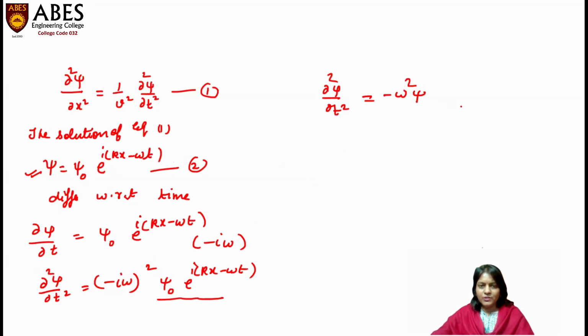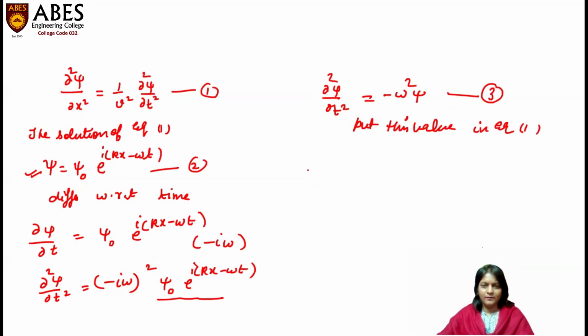So we will put this value in equation number 1. It becomes del 2 psi over del x square, and in place of del 2 psi over del t square, I will put this.